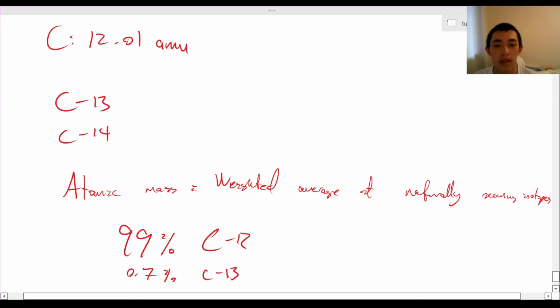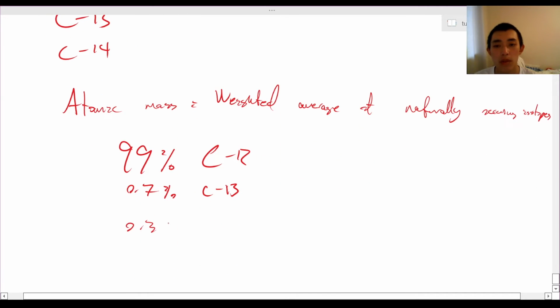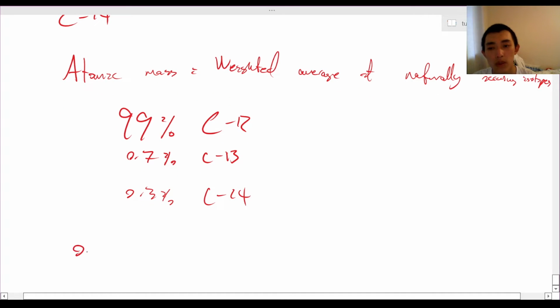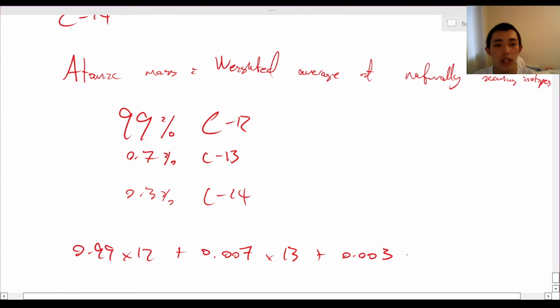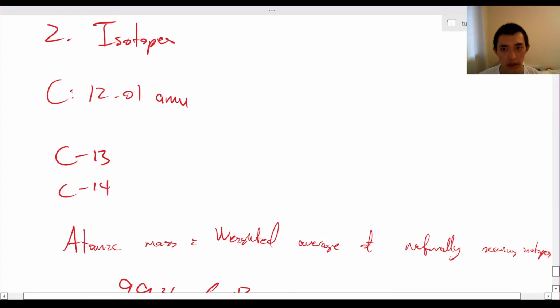I'm not sure about the exact numbers. 0.3% is carbon-14. And then they do the weighted average. So they'll do 0.99 times 12 for carbon-12, plus 0.007 times 13, plus 0.003 times 14, which might give you 12.01. So that's the second reason.